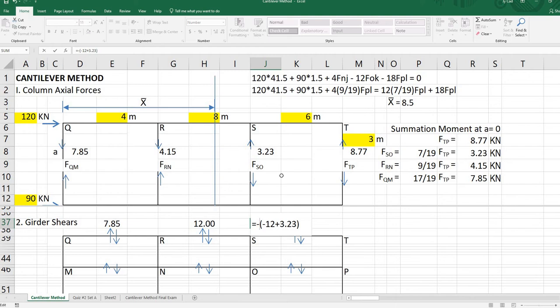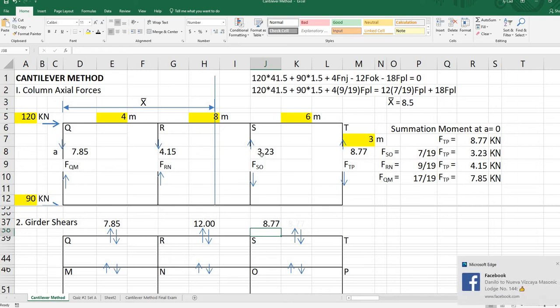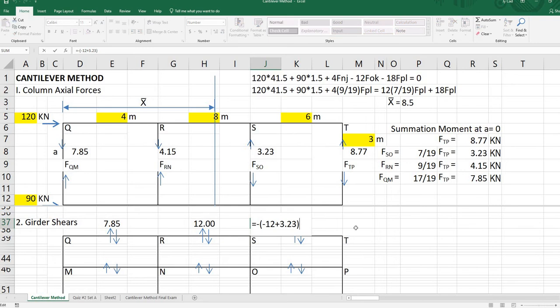Why multiply by negative value? Take note na summation forces equal to 0. Di ba? Kaya, itong 12 plus 3.23 plus 8.77 should be equal to 0. Summation forces. Okay? Ganun yan. Ibig sabihin, etong kinompute natin yan, ang result niyan, parang nasa right side.